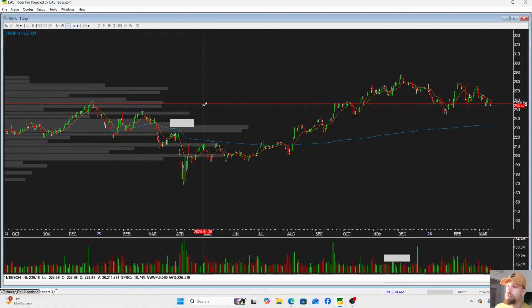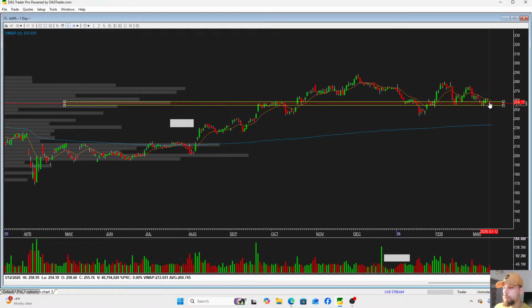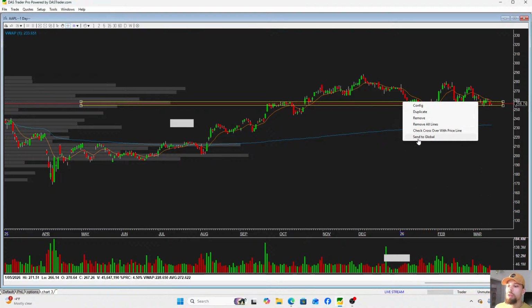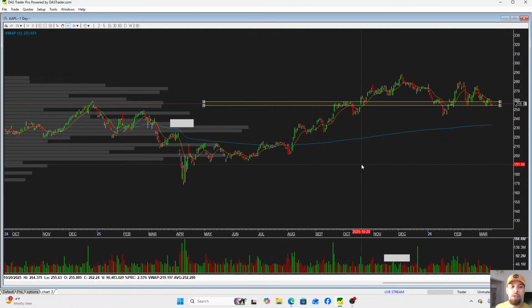Okay, area of support 254, be a good bounce point, and then the high of that range that I'm drawing as resistance is 258, 259. And you can see lots of touch points here, lots of liquidity here, bounce point. So a lot of interest around those two levels.